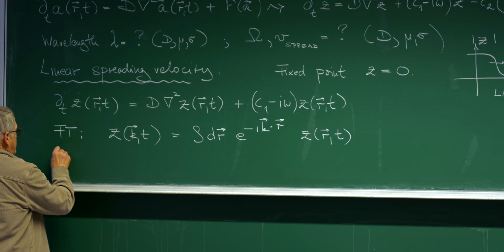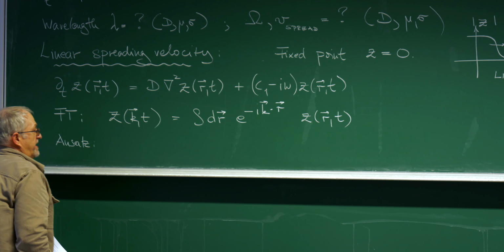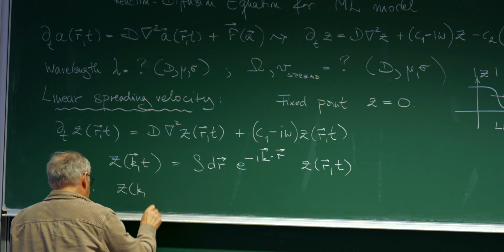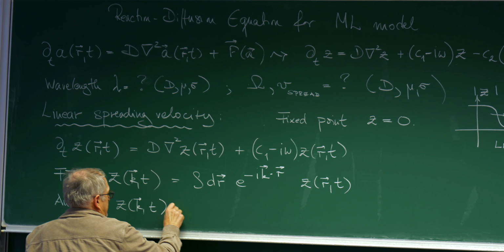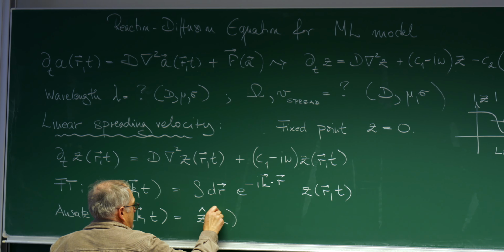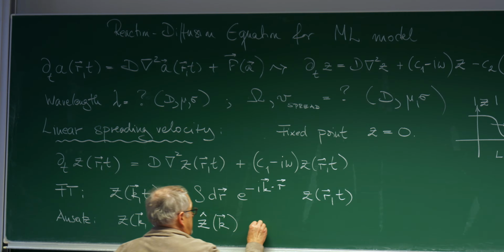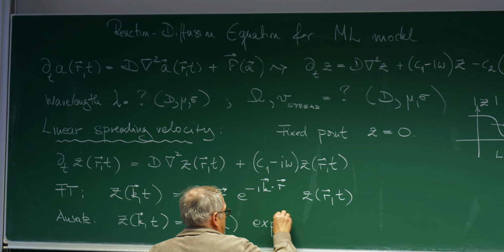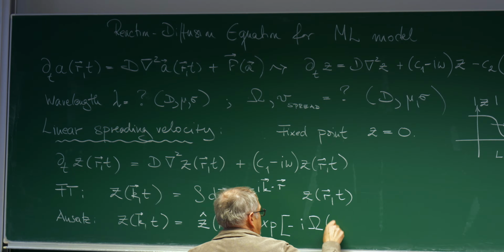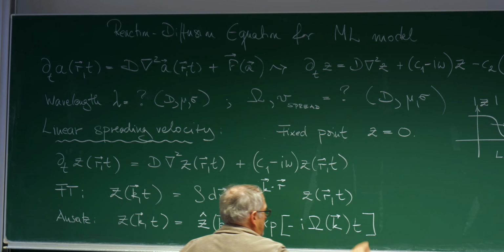And you make an ansatz that your z tilde of k and t is some amplitude z hat of k, and I'll take a solution that has a dispersion relation that I call omega of k.